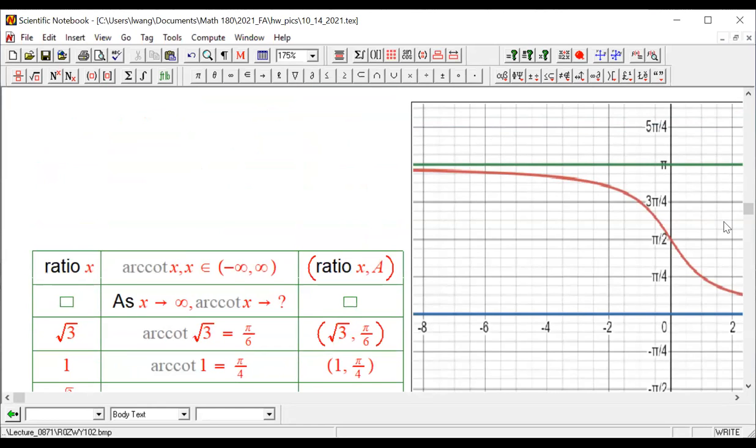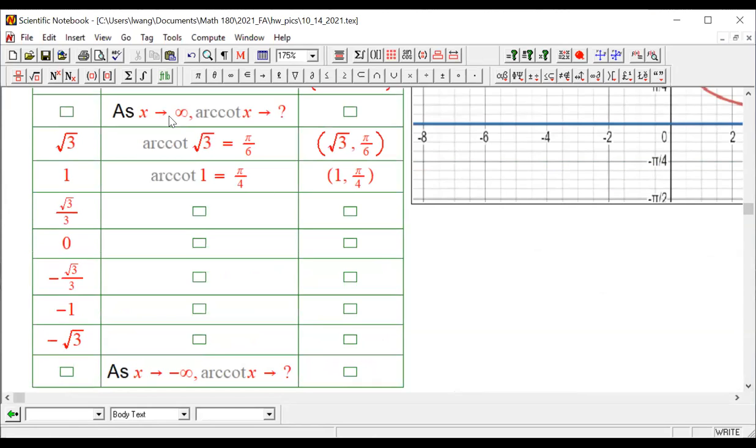We understand the meaning of this picture: input is ratio, output is angle between 0 and pi. So when the ratio approaches negative infinity, let me see if that's a negative sign. Yeah, here is positive infinity.